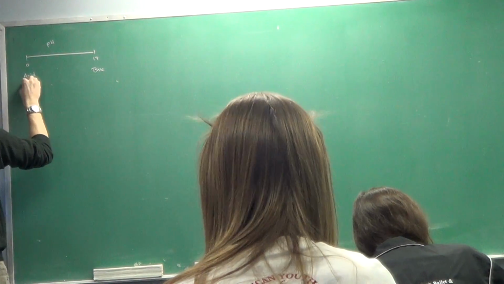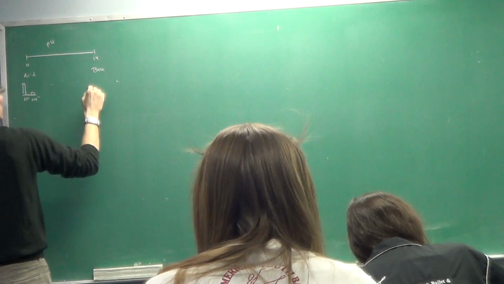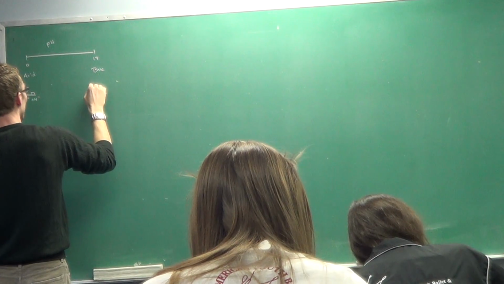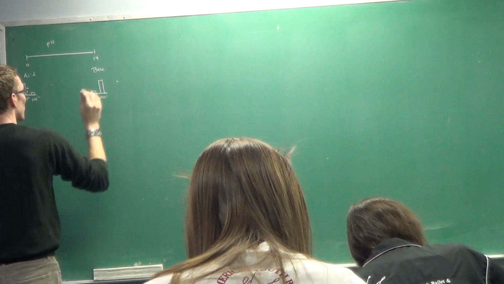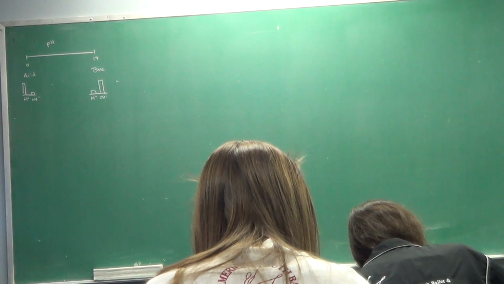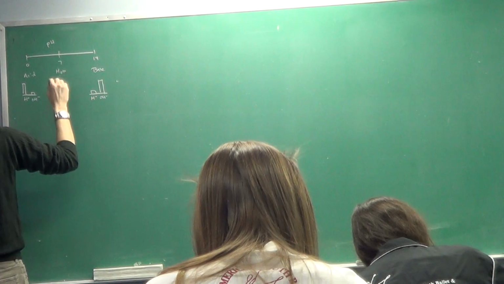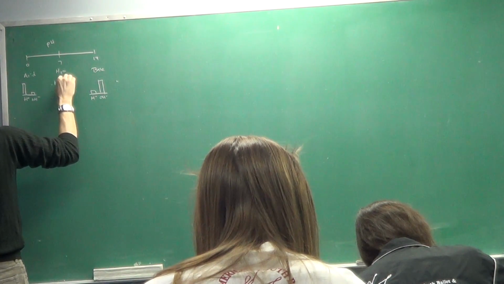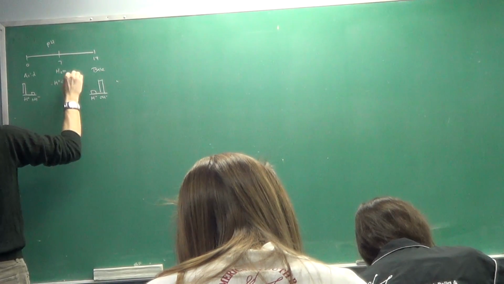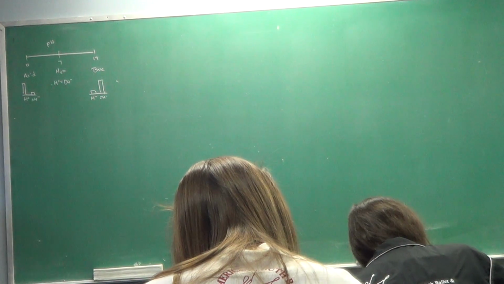Acids are high on hydrogen ions, low on hydroxide ions. Bases are exactly the opposite: a low number of hydrogen ions relative to the number of hydroxide ions. In between is 7, neutral, which is water. There should be an equal number of H and OH. If you have an equal number of H and OH, that is water.